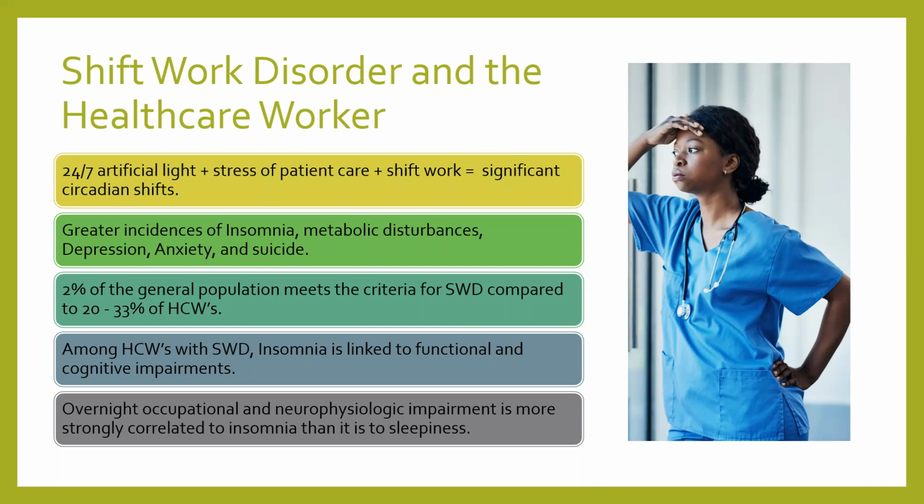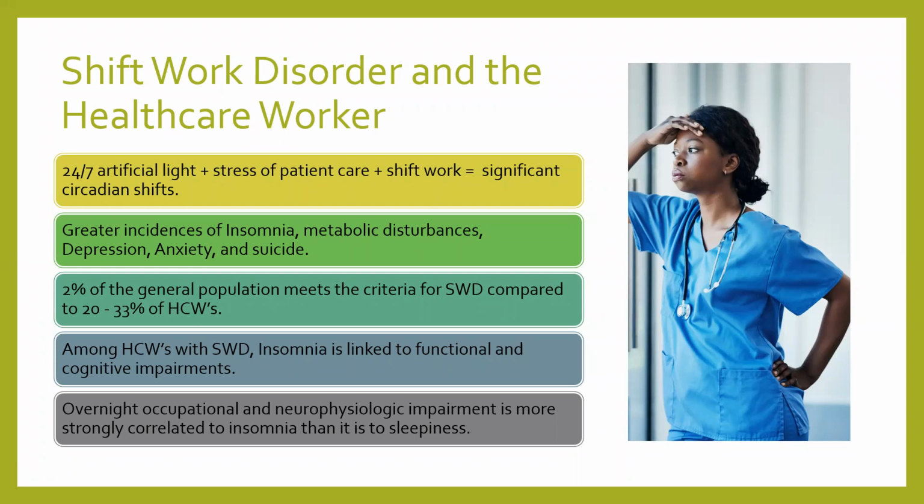The other big one here, that surprisingly is not looked at more closely, is how much insomnia in healthcare workers with sleep disorder is linked to functional and cognitive impairment. So this is work-related mistakes and memory impairment.